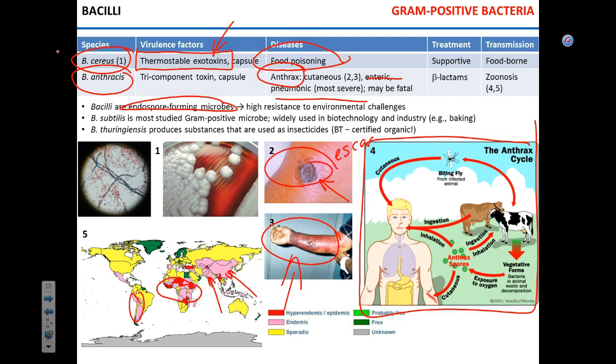In countries where anthrax is sporadic, meaning that it happens every so often, transmission happens to a large extent from caribou to humans. It happens in the northern regions.